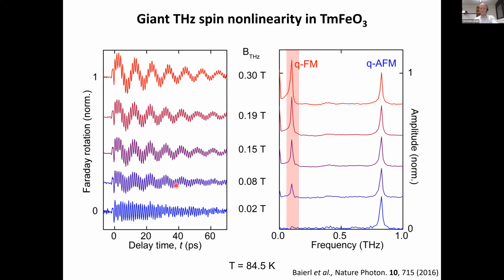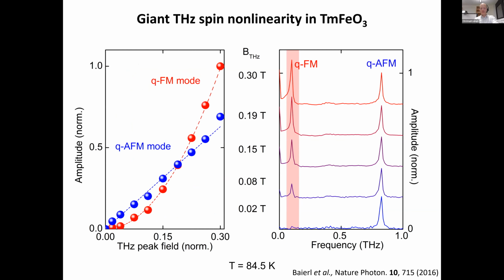there's a dominance, when you go to high fields, of another mode, which is slower and is superimposed now onto this rapid oscillation. So that one emerges here at about 85 gigahertz. It's called the quasi-ferromagnetic mode. And this is the one which is launched by these transitions that we are driving between the thulium ground states by the strong terahertz field.